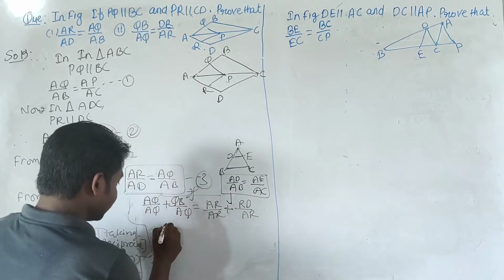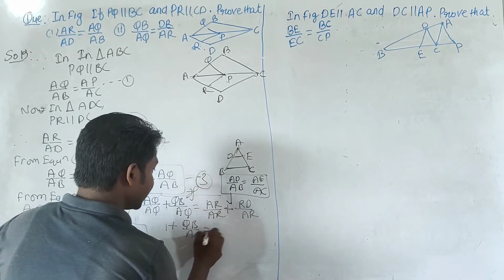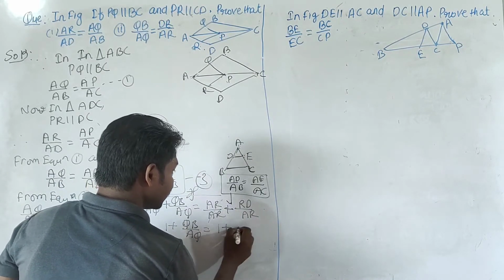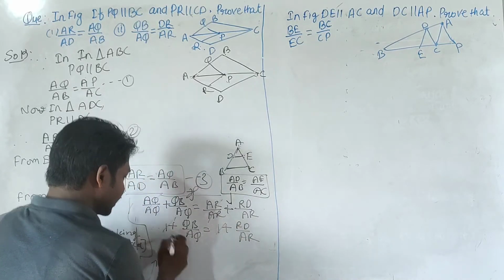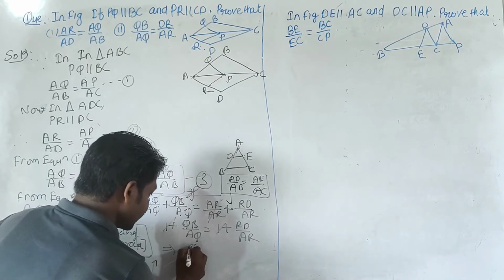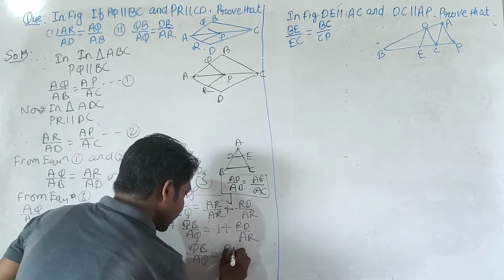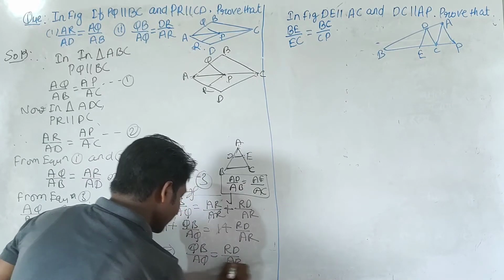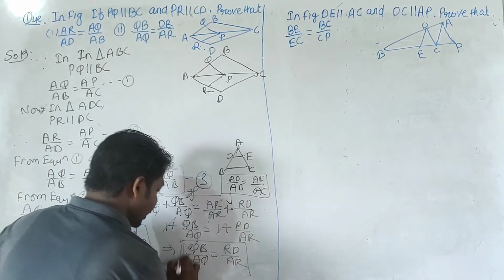On cancelling, it becomes 1 plus QB by AQ equals 1 plus RD by AR. Now the 1 will cancel out, so QB by AQ will be equal to RD by AR. So this is the second result that we had to prove.